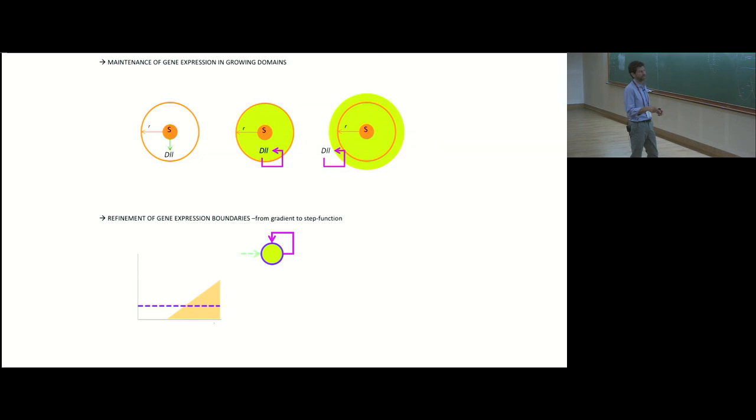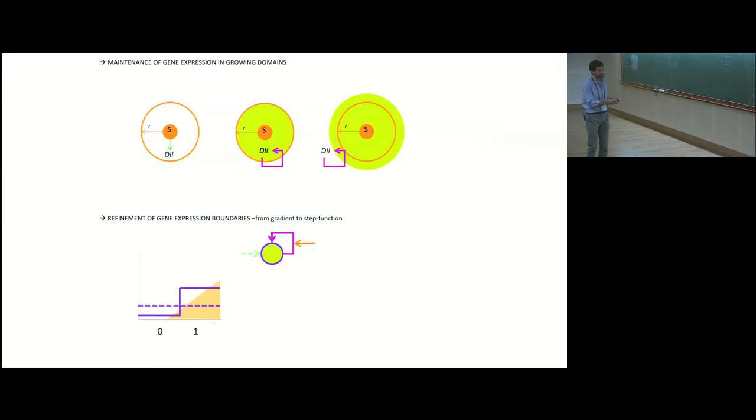So once you have the transcription factor plus this other signal, you would get some sort of step function happening here. So this also helps in refining gene expression boundaries. And here what I'm representing is simply the length of the tissue. So here it would be the tissue you want.